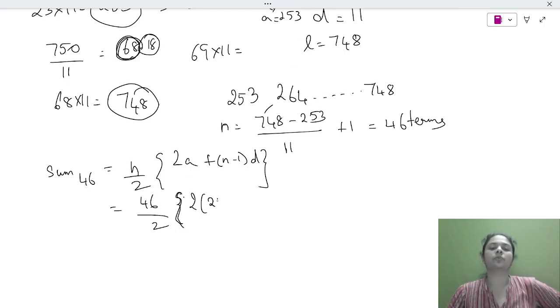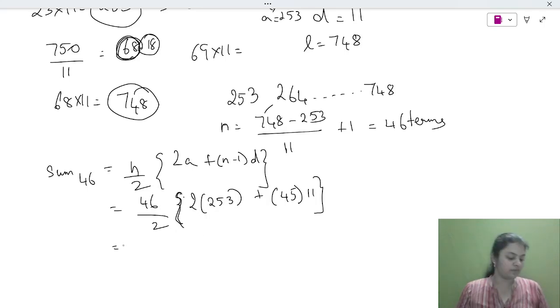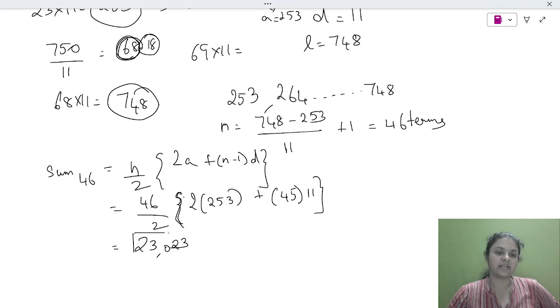So 2 into 253 plus n minus 1, 46 minus 1, 45, into d, 11. Solve and find the answer. The answer is 23023. This should be the final answer. Please confirm if you are getting this answer.